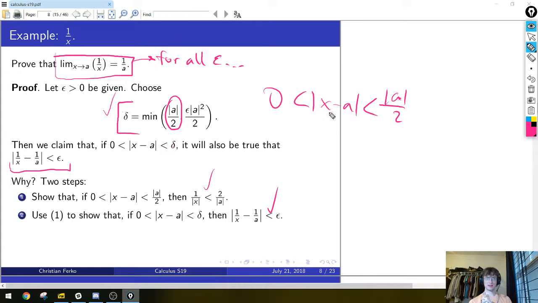Right, so this thing, just like when we did x squared, right? Remember when we did absolute value of x squared minus 4 or something, right? And you factored it. You said this is x plus 2 and x minus 2. You made an initial assumption that x was between, say, 1 and 3, and you use that initial assumption to bound the hard term, x plus 2. So there was an initial assumption, a restriction on delta.